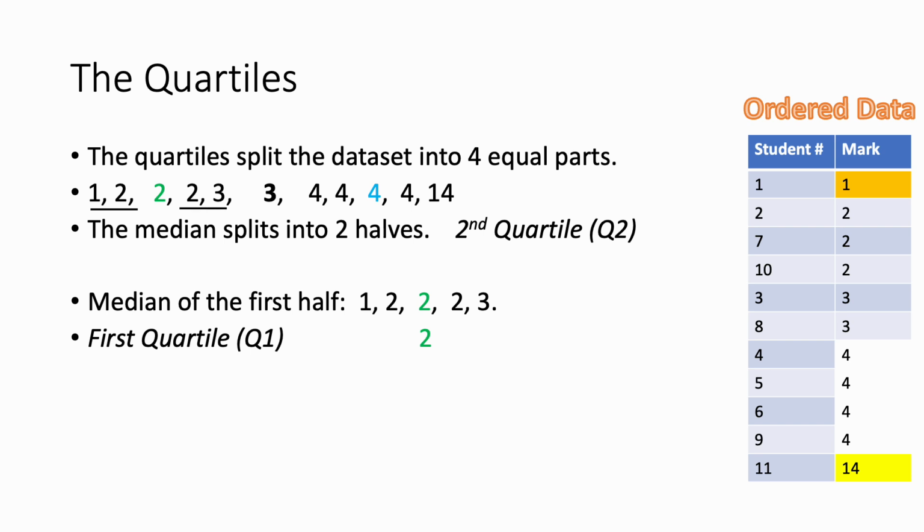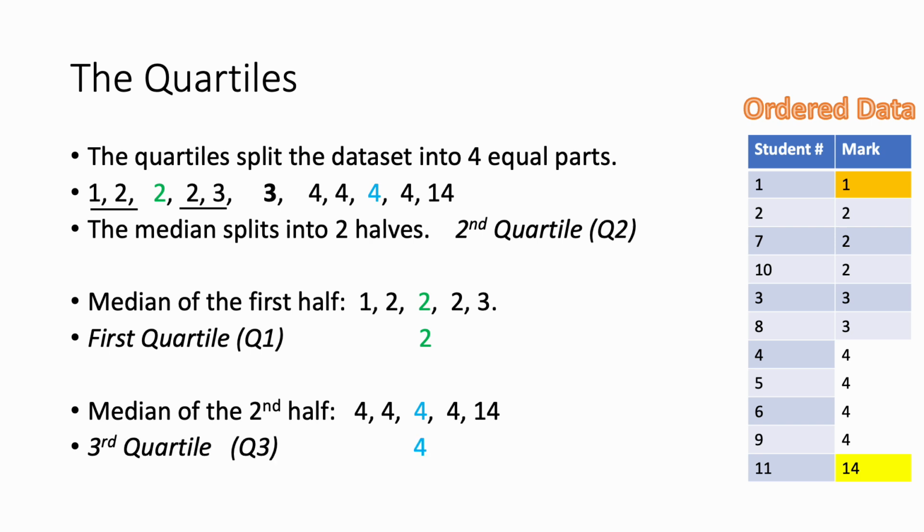Similarly, we take the upper half of the data and find its median. The median in this case is the value 4, which is given in blue color. This median of the upper half is called the third quartile, or Q3.